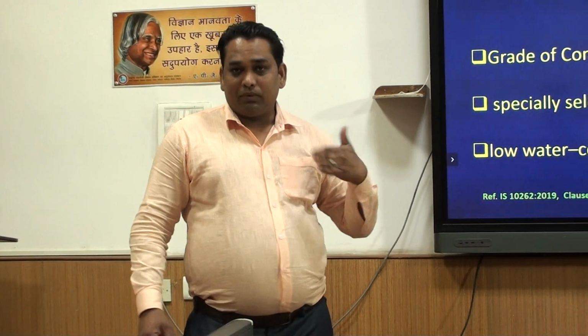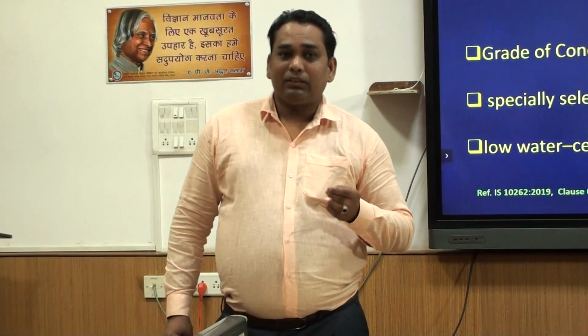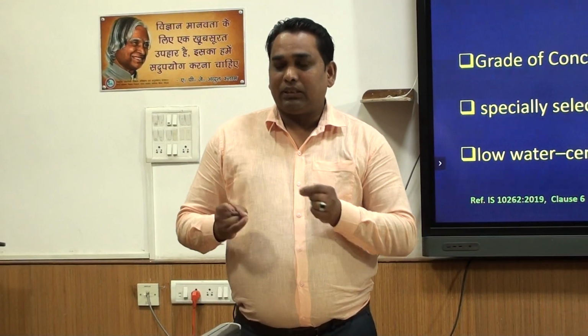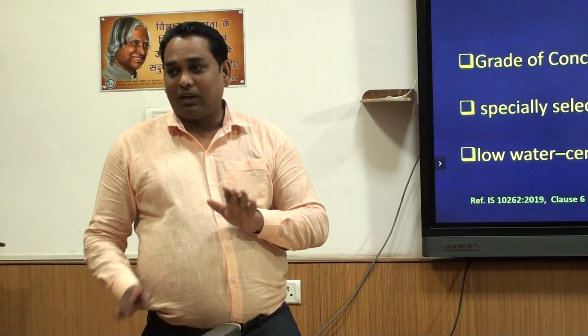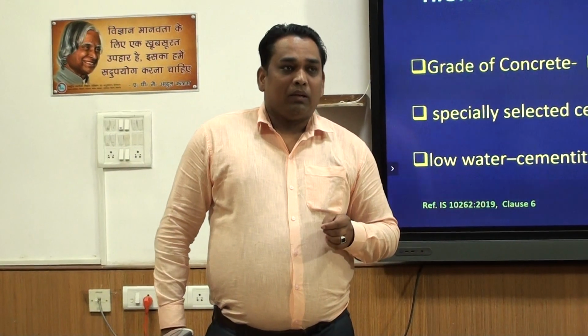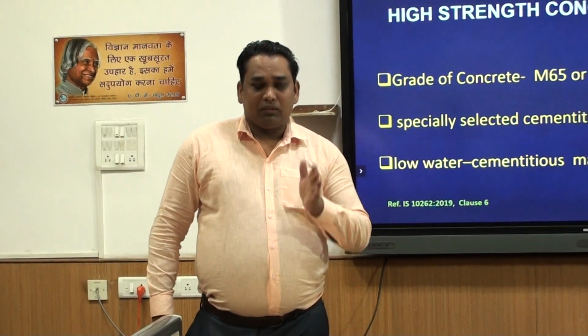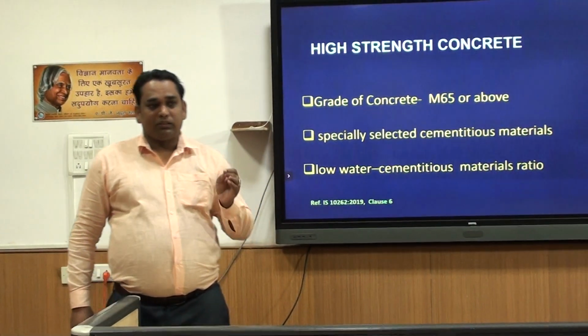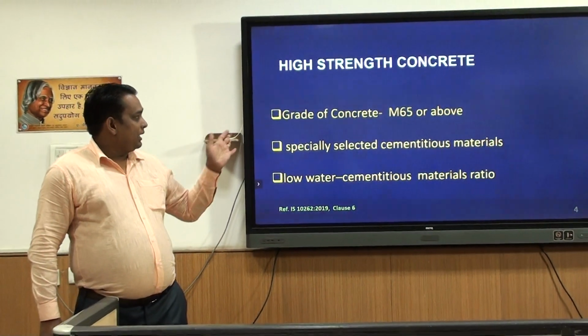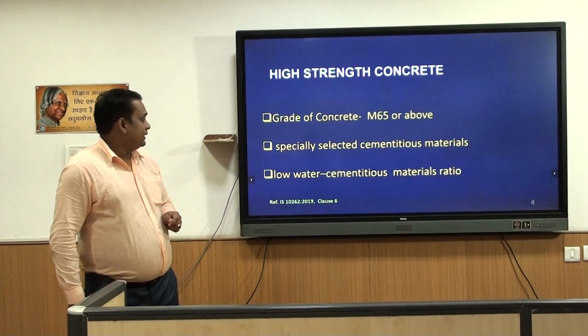For high strength concrete, we are using cementitious materials. Earlier the cementitious material was only cement. But nowadays there are so many materials ongoing in the research area, like silica fume, which enhances the strength of the concrete.